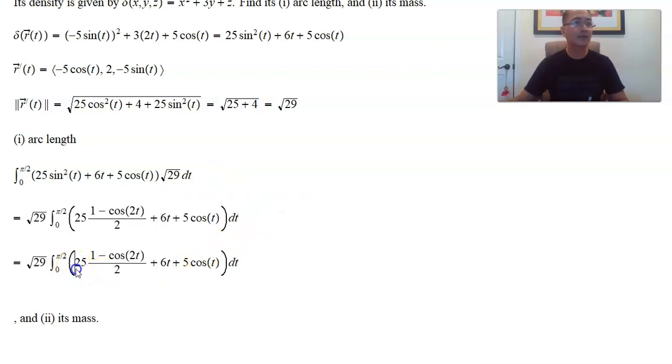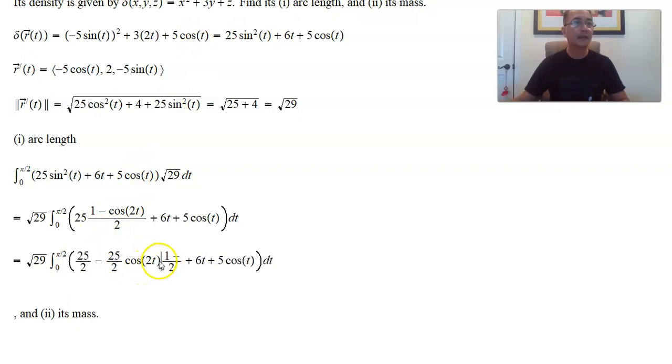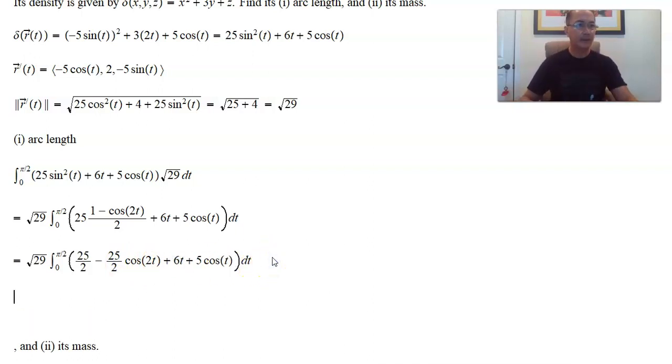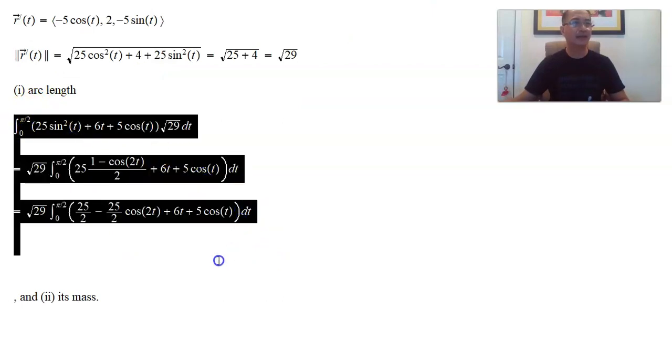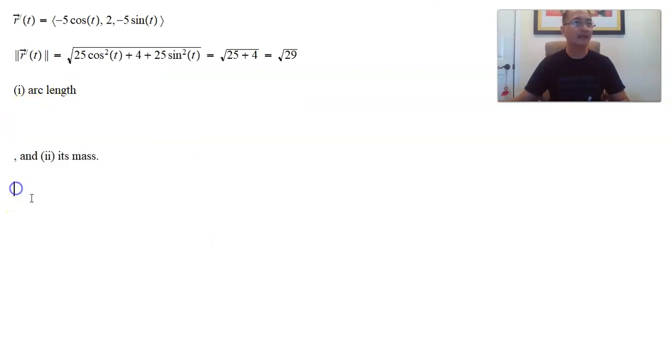So we have 25 over 2, turn that into a fraction, minus 25 over 2 cosine of 2t. And there we go. So all we have to do now is find the, oops, I'm so sorry. You're saying, wait a minute, you're supposed to be doing the arc length. Got excited there. Kidding.